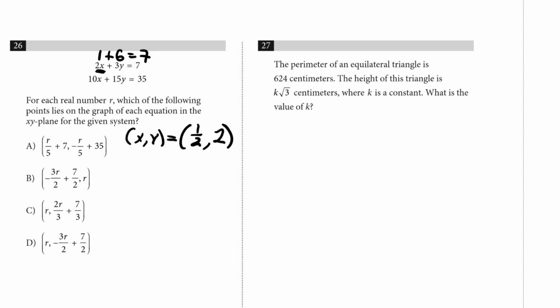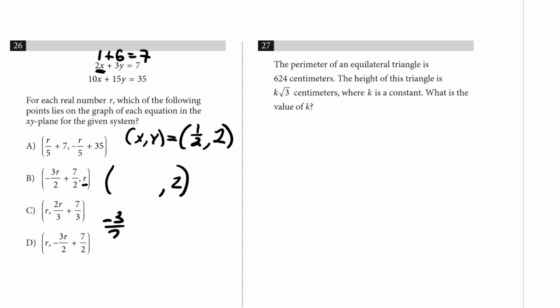We're going to plug in these values where r is either our x coordinate or our y coordinate. We're going to start off with b. For b, the r is the y coordinate, which is 2. So we're going to plug in 2 for r to see if we get half.